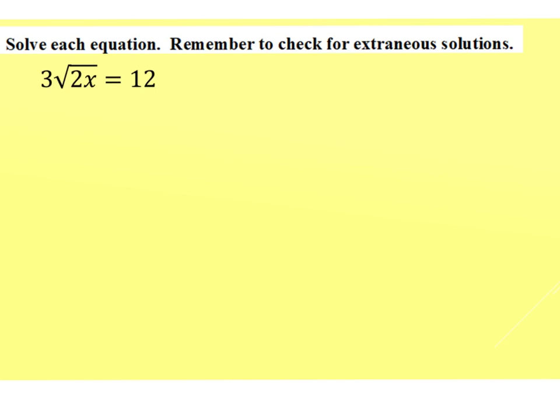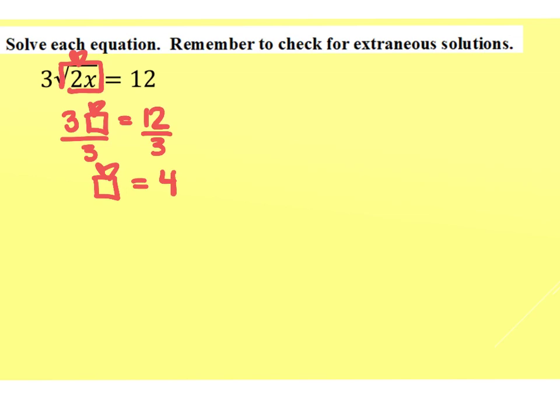In our next example, we're again going to start by wrapping up the radical like a present. So we'll have 3 times the present equals 12. Divide both sides by 3 to get that the present equals 4.